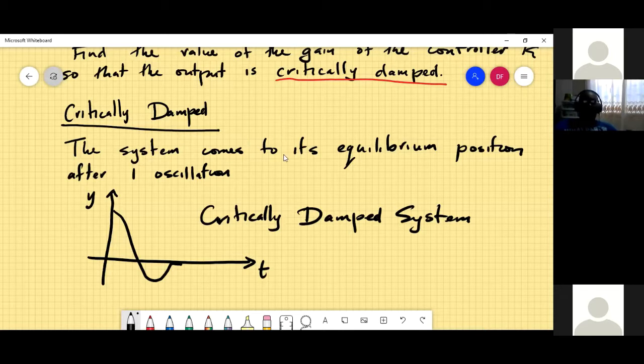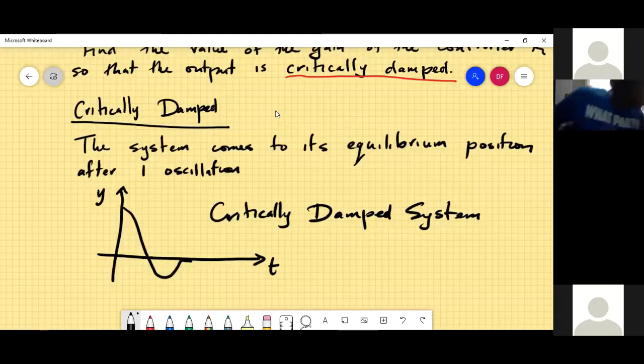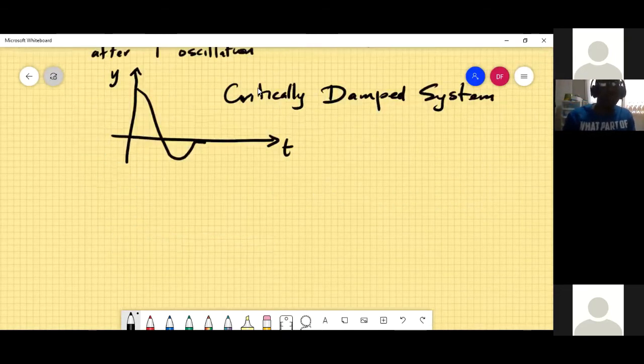So it comes to rest in one oscillation. And so you have the other one, which is overdamped. Let me just list all of them.